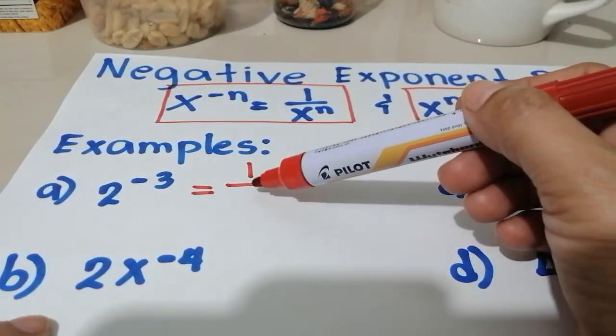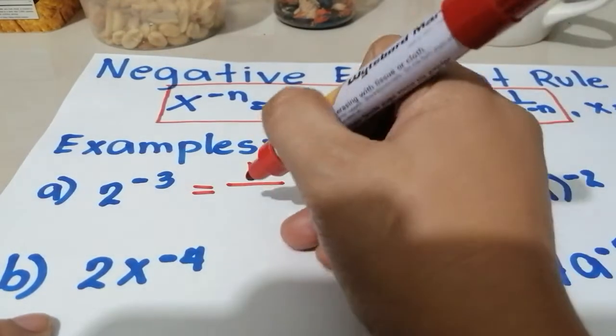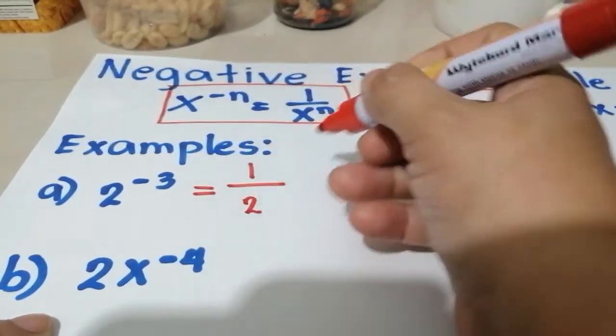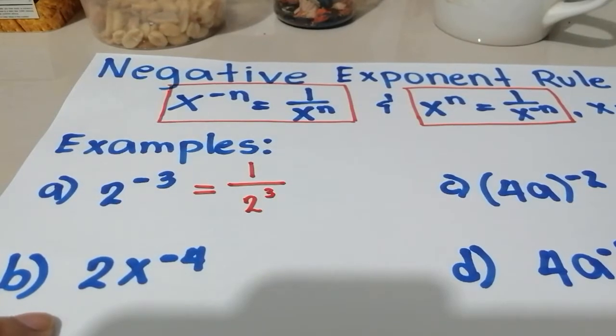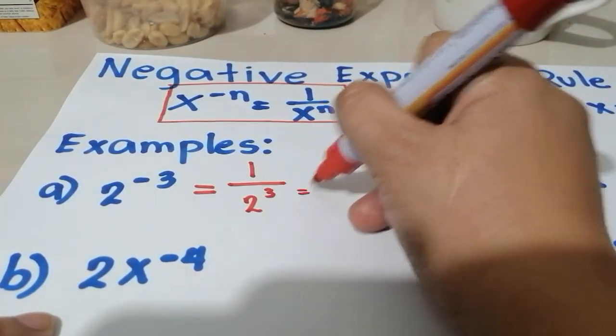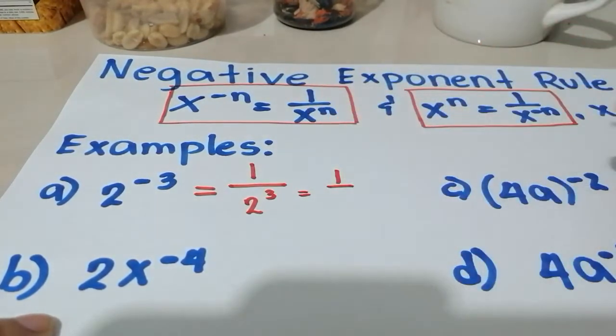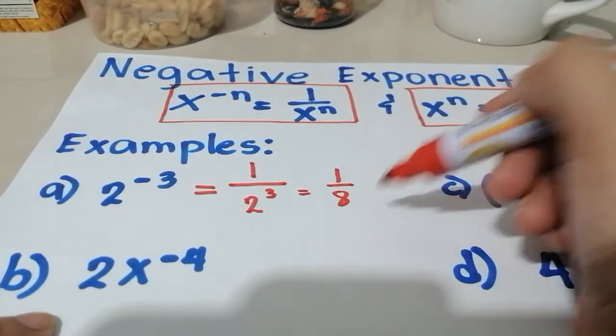So, 1 over kung ano man tong number na yan. So, 1 over 2 raised to the third power. Yan ay magiging sagot mo. Or we can simplify this: 2 raised to the third power is 8, so the answer is 1/8.